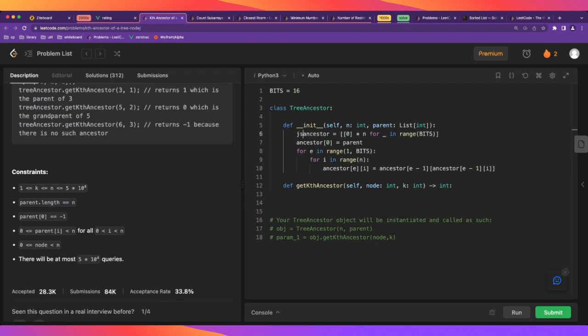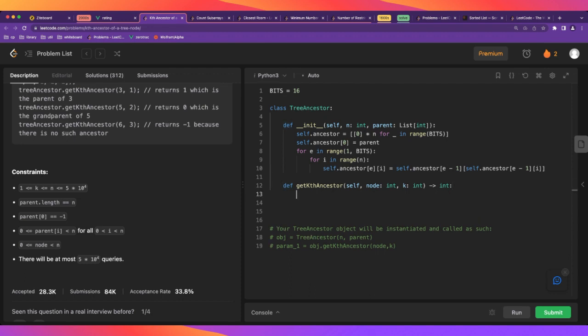So this has to be part of the class. And I don't think we need to remember anything else from the parameters. And now we want to decompose k into powers of 2.